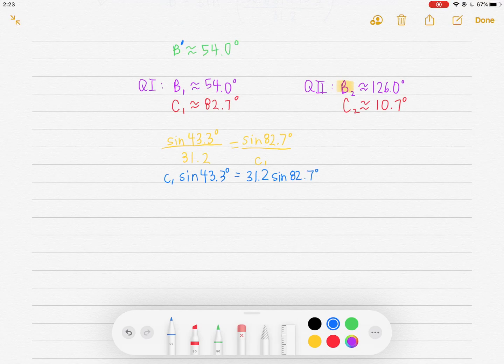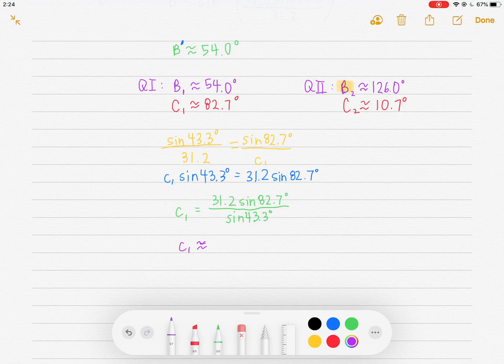To finish solving for little c1, we divide by sine of 43.3 degrees, for 31.2 sine of 82.7 degrees divided by our sine of 43.3 degrees, and we type that in our calculator.